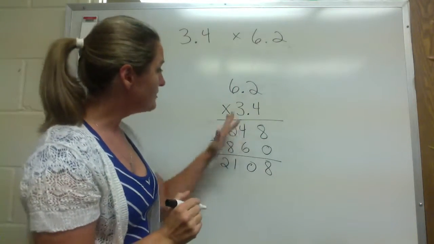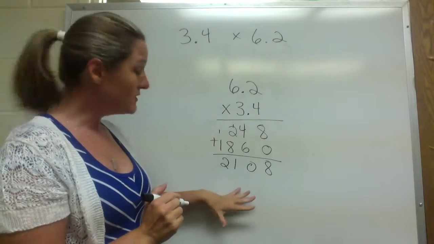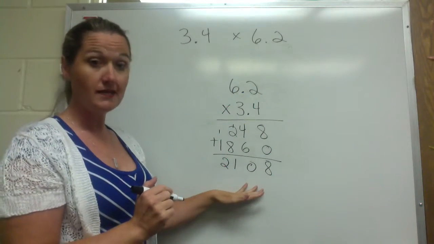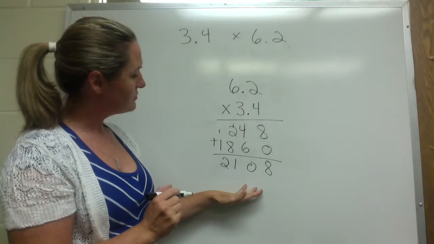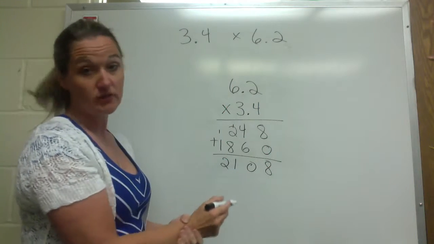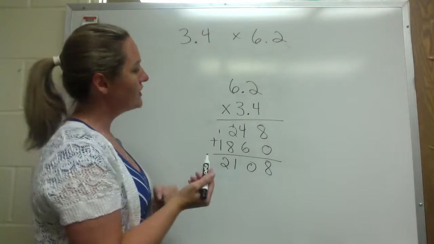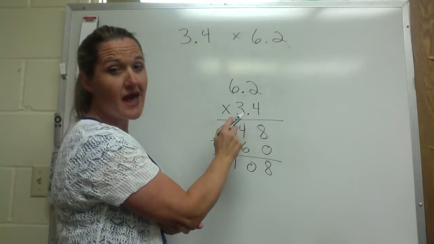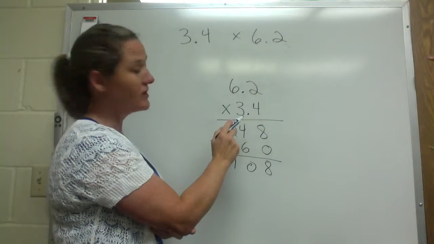Okay, so now I have decimals in my problem, so I'm going to need to have decimals in my answer. Okay, so I've got to figure out where to put my decimal. It's not just dropping it down like what we did with addition and subtraction. What I need to do is look at my problem. Okay, in my problem, how many numbers did I have behind the decimal?